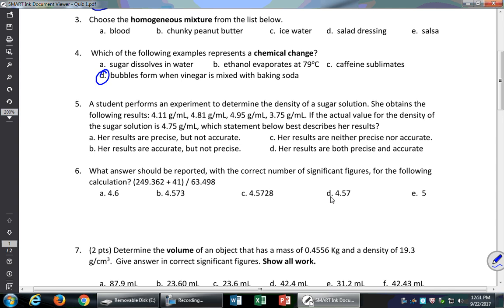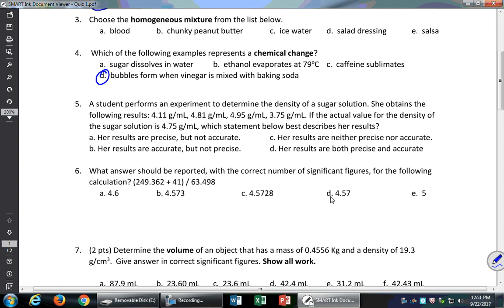But remember, we have 2 numbers after the decimal point, which means this is a known and this is ambiguous. So if she was accurate, then we might have 4.71, 4.72, 4.75. That would be accurate because 7 is known. So it depends on how many decimal places you actually have with your known value when you're comparing accuracy. So this one's not accurate because if it was, then this value would be correct.